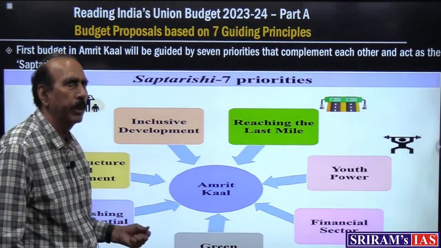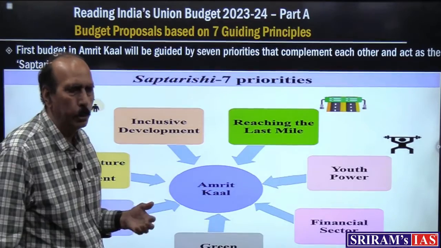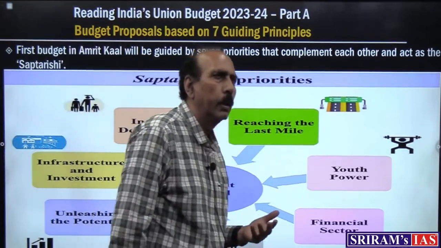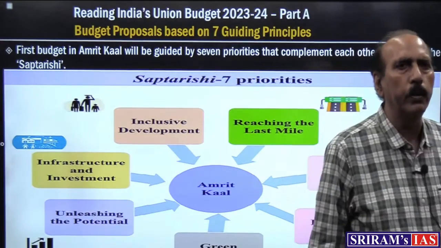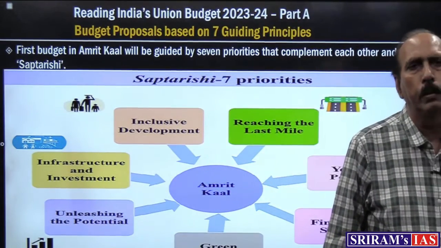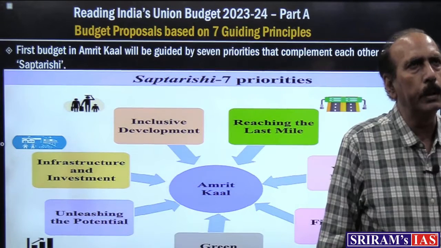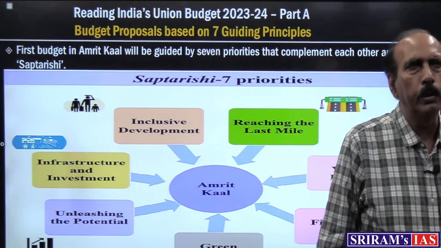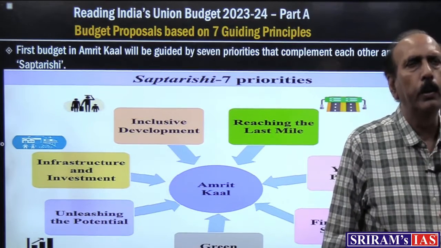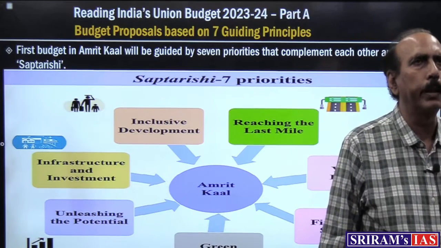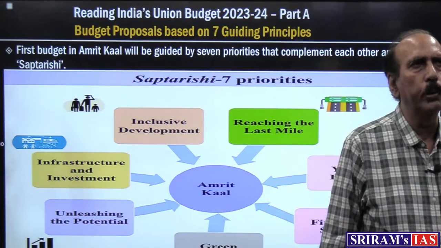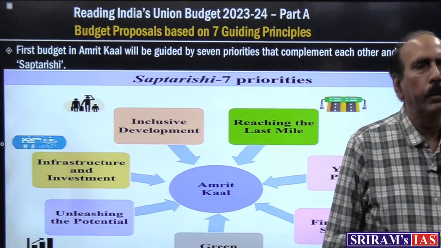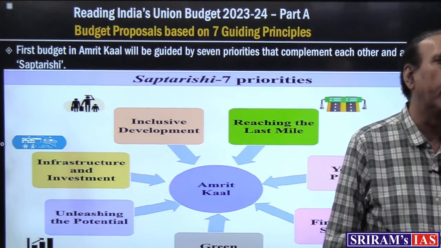Youth is our strength. As you know, we are in an advantageous position today in the form of the demographic dividend. We are one of the luckiest countries in the world where the youth population is the maximum. In the age group of the youth, say 15 to 35, we have 62% of the population.